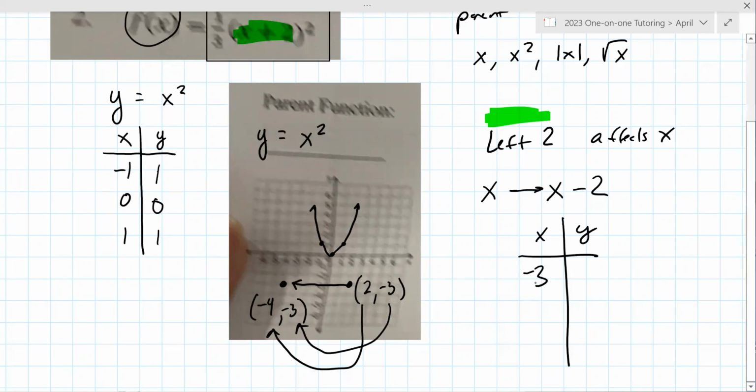And 0 minus 2 is negative 2. Good. And 1 minus 2 is negative 1. Good. And the y values stay the same. Right. So now in that middle graph there, we're going to graph this.